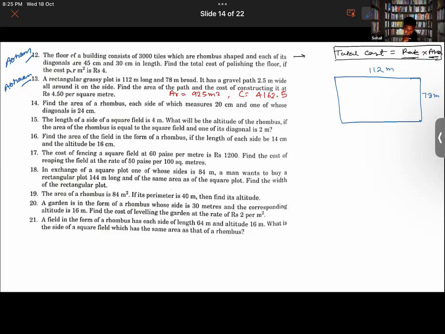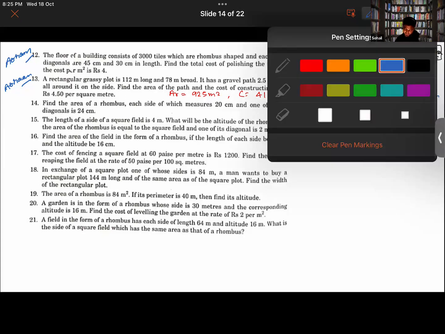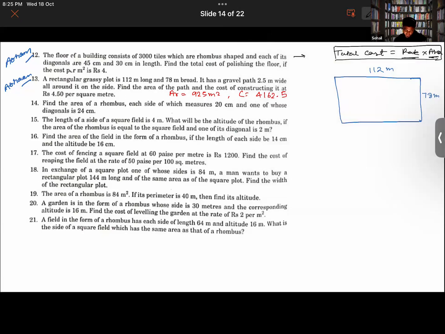Quickly read the question. The rectangular grassy plot has got a gravel path also, and the width is 2.5 meter. So here also it is 2.5.